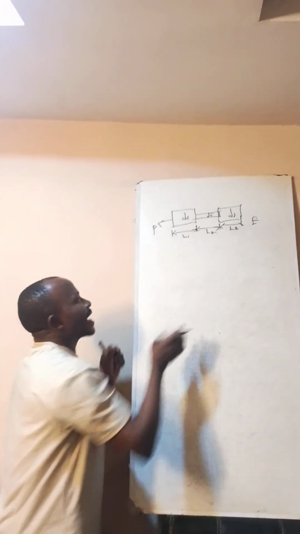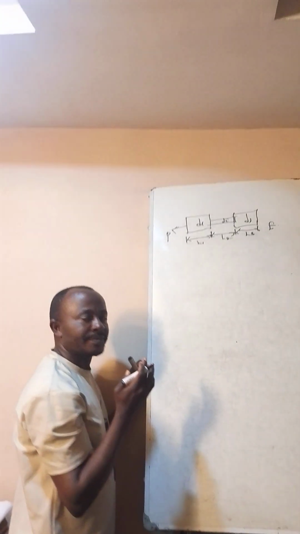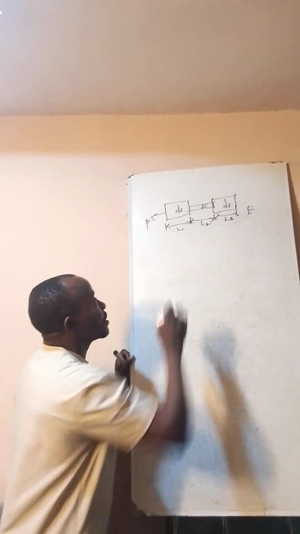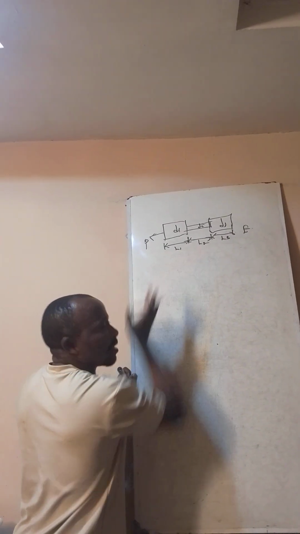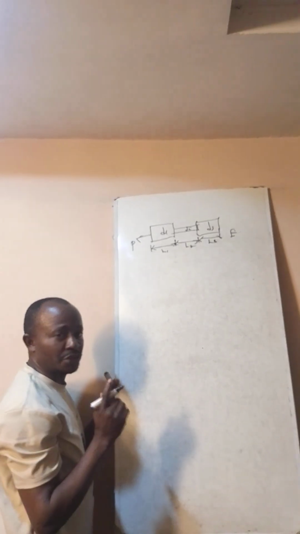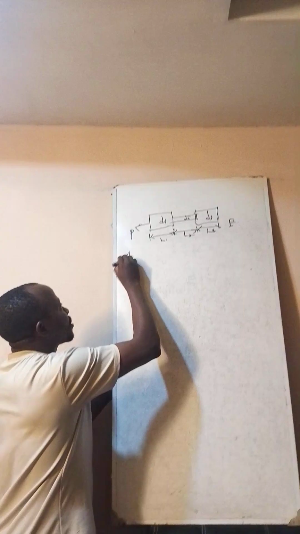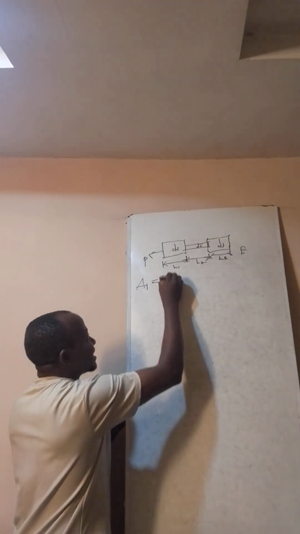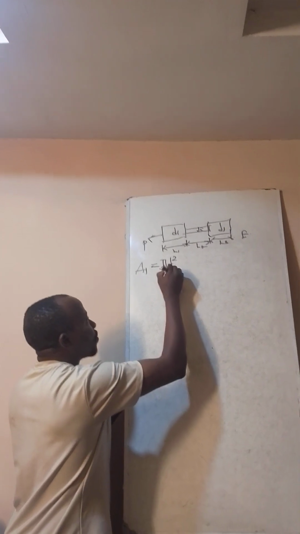Now, to get the total extension of this steel bar subjected to the axial load, the first thing is to calculate the cross-sectional area of each section. The cross-sectional area A1 for the first section is πd² all over 4.